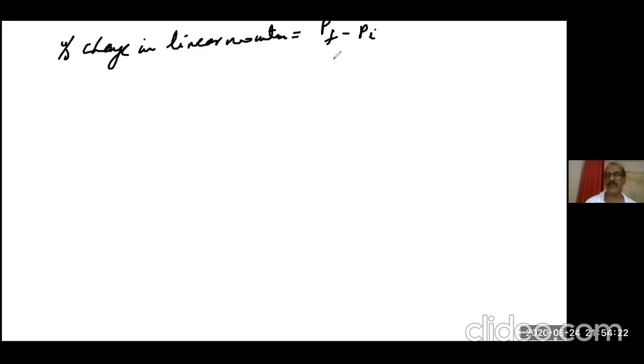Look here, again formula. Percentage change in linear momentum is final momentum minus initial momentum, which means change in momentum, divided by initial momentum, into 100. So we need a formula again.